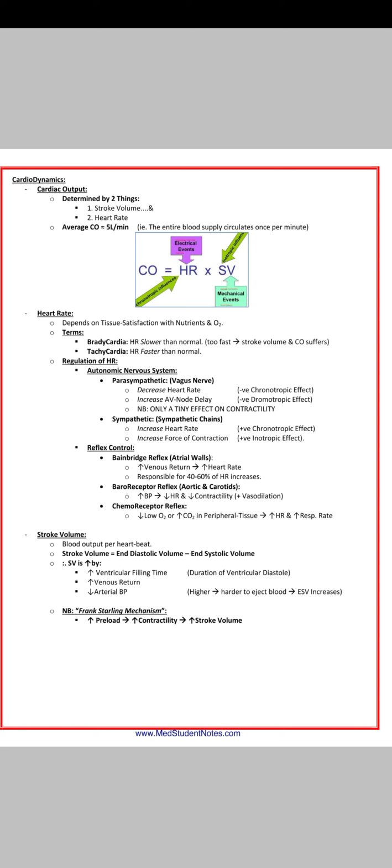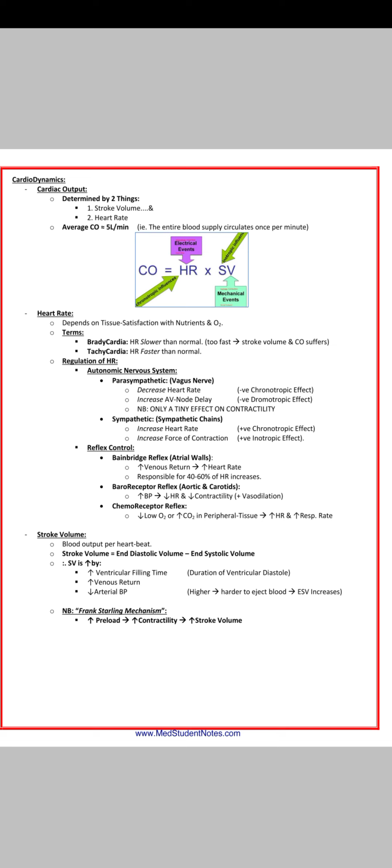Next is venous return. The venous supply from the body is increased by atrial contraction or the stimulation of the SA node. When the venous return is increased, the stroke volume will increase, because the atrium is contracting and the ventricle is relaxing. So the stroke volume will increase rapidly.